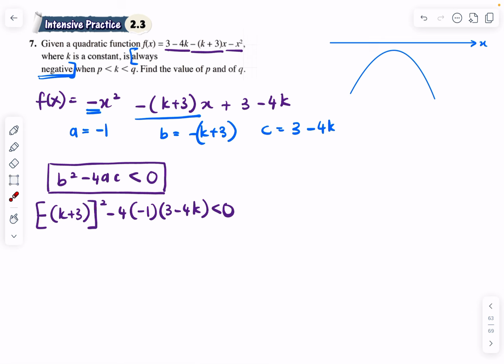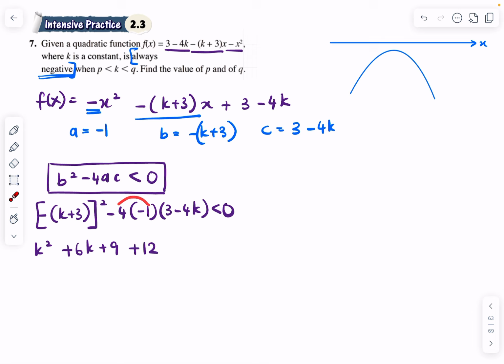So let's just square k plus 3. k squared will be k squared. And then 2 times k times 3 is 6k. And then 3 squared is 9. And then here, negative 4 times negative 1 is 4. 4 times 3 is 12.